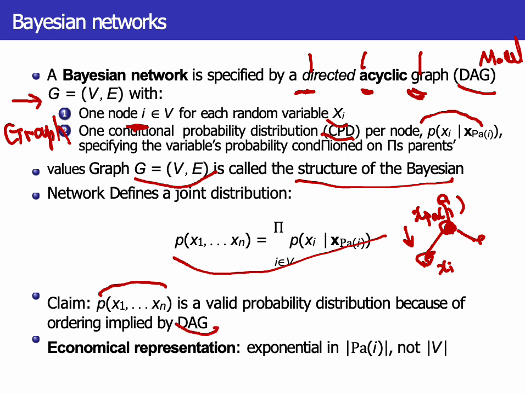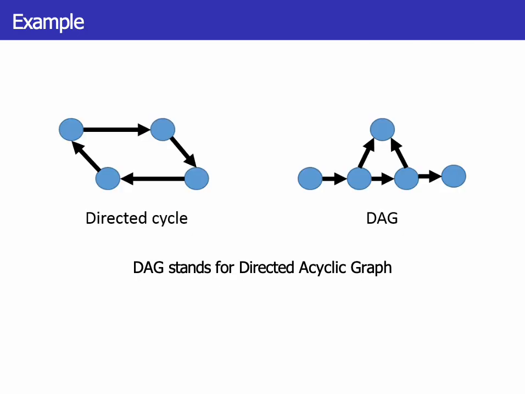And this is an economical representation, and only exponential in the number of parents, not the whole graph. So you can reduce your parameters from exponential to linear in n. This is a directed acyclic graph, the DAG model. We discussed this in neural networks.